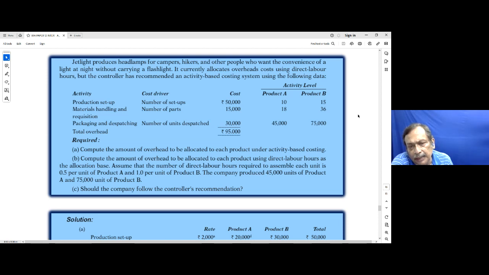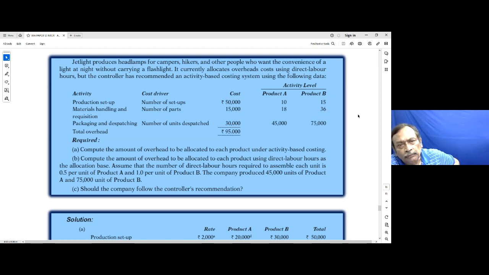Assume that the number of direct labor hours required to assemble each unit is 0.5 per unit of product A and 1 per unit of product B. The company produced 45,000 units of product A and 75,000 units of product B. Next, should the company follow the controller's recommendation?